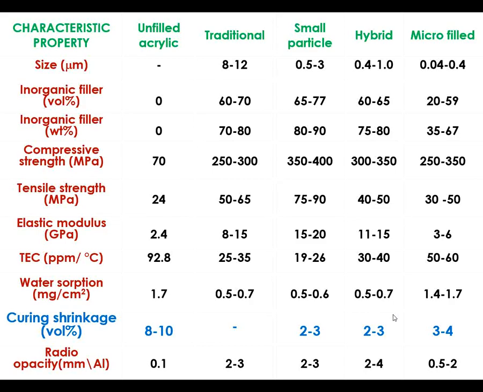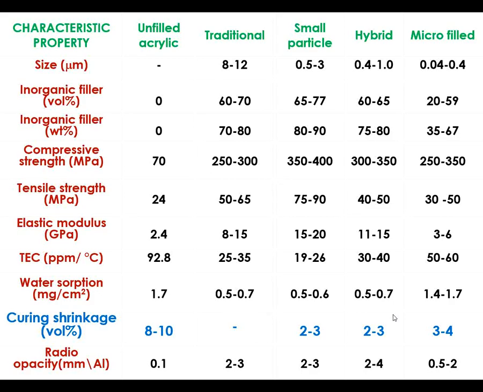In this chart we can see different characteristic properties of different types of composite available in the market. If we look upon the curing shrinkage, unfilled acrylic resin has very high shrinkage, which is 8 to 10%.